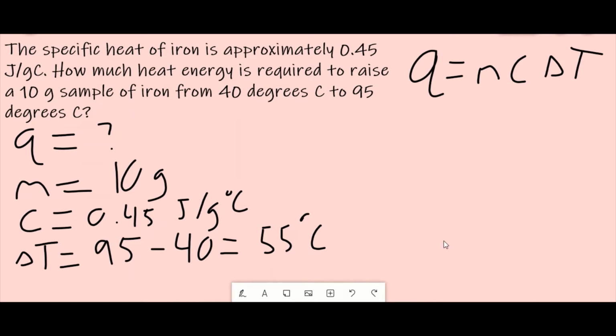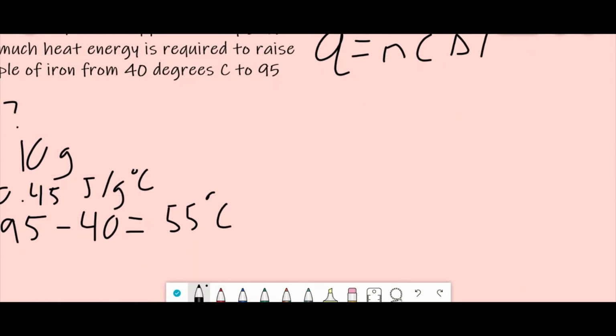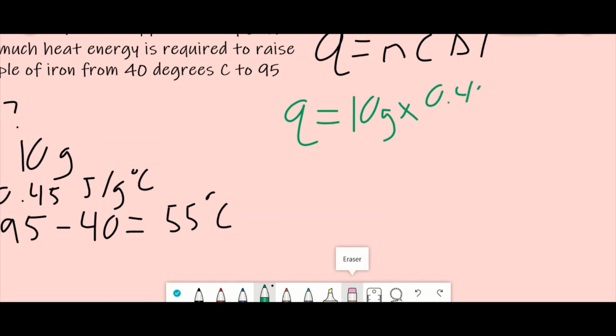Alright, so let me move over here a bit, give myself a little more room, but I can still see the numbers. So let's write this out. I'm going to write it in a different color. Let's do green. So we have Q is equal to, remember our mass was 10 grams, times our C, 0.45 joules on the top over grams degree Celsius, and then times 55 degrees Celsius.